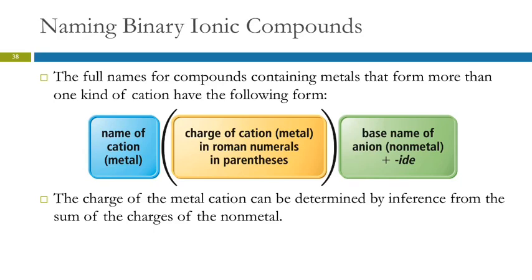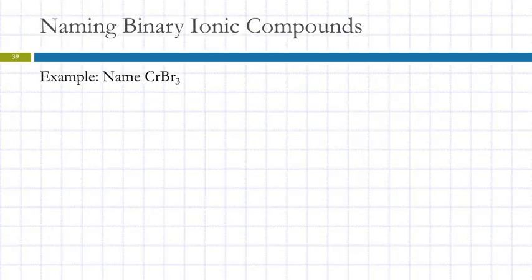When we have a name and we're figuring out the formula, the Roman numeral gives us the charge. If we're going from a formula to a name, we have to figure out, based on the relative numbers of ions and the charge on the anion, what that charge on the cation is.